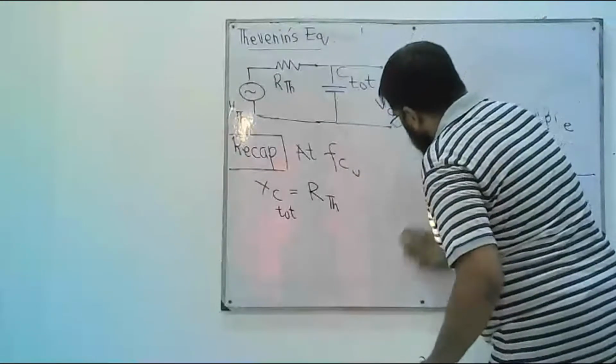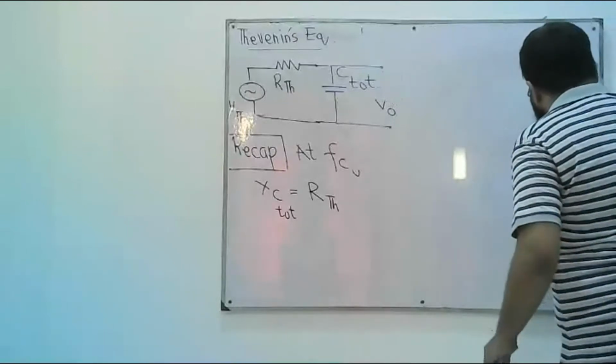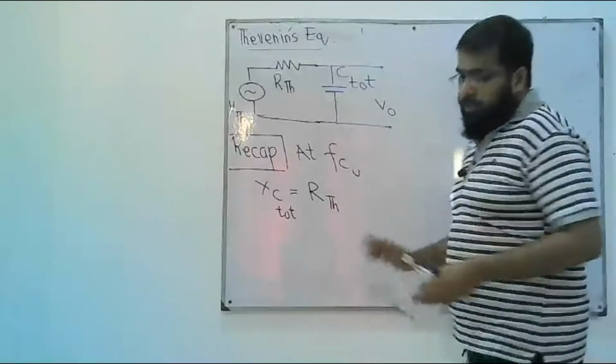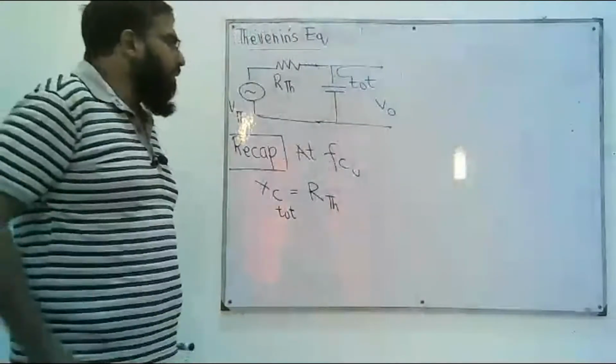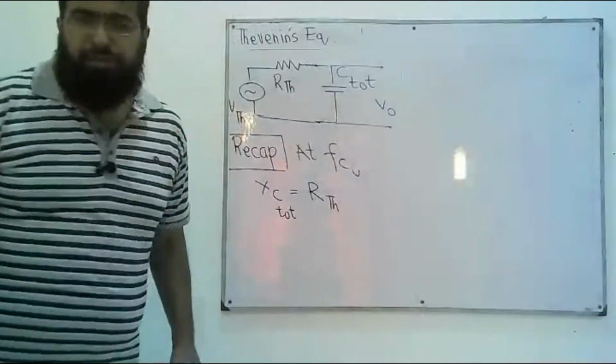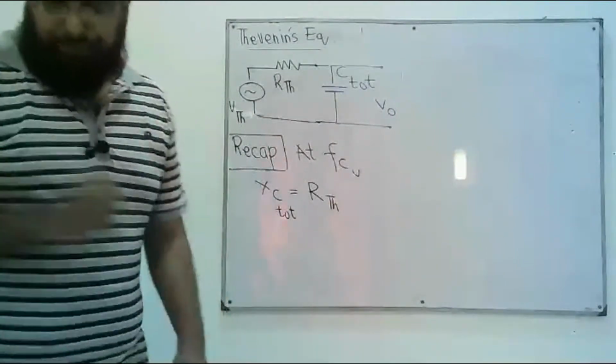So now we are ready to compute the upper cutoff frequency caused by the junction capacitors, by the equivalent junction capacitors on the input side.